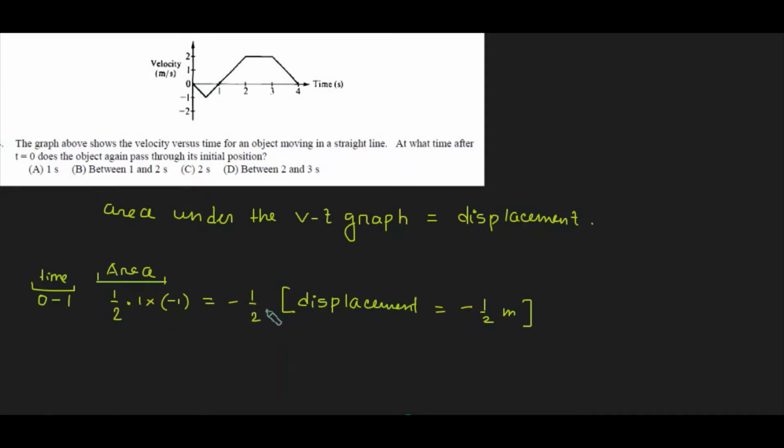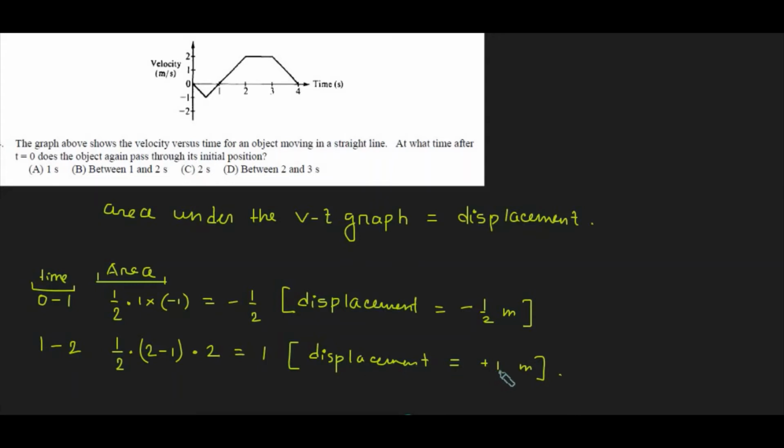From there we are getting the area as half, that means displacement is equal to negative half meter. And between 1 to 2 seconds, the area is half into 2 minus 1, that represents the difference in time, that is the base, and the height is also 2. So from there we are getting that it is equal to 1.